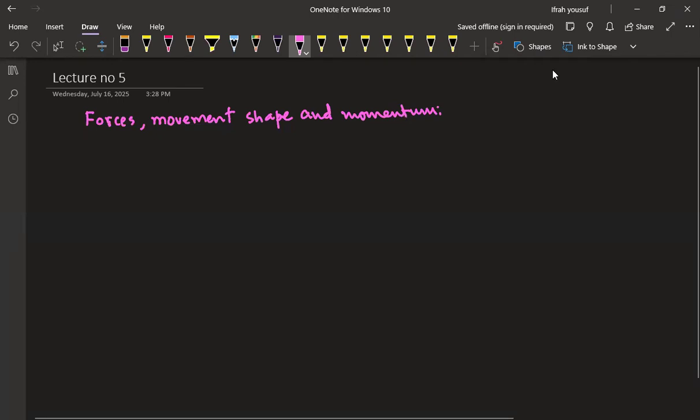What could be the effect of forces? And today we are going to continue how forces act on different objects. So if I consider, let me take a picture of a car.